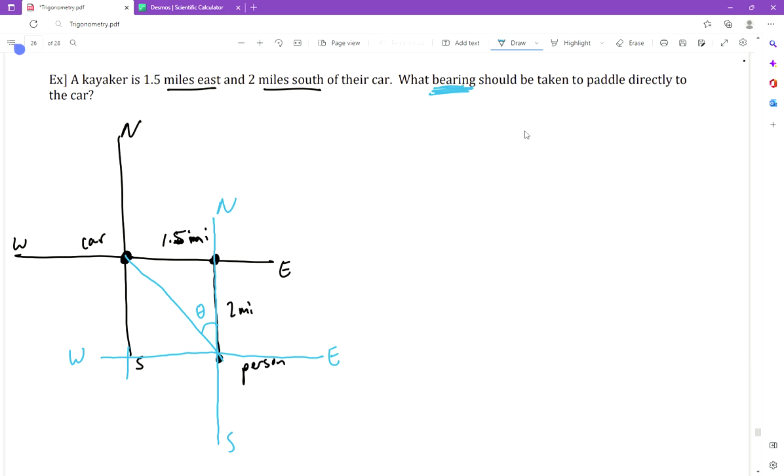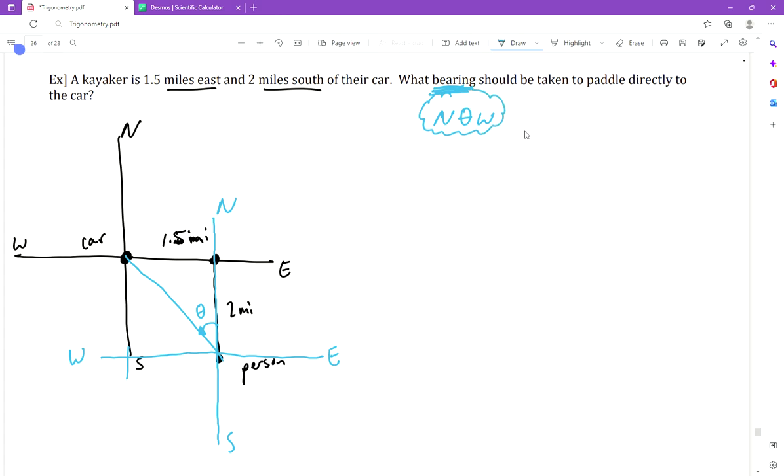That means, based on this blue axis, remember bearings always start north or south. So it should be north, whatever this angle is, toward the west. That would be the form for our answer.